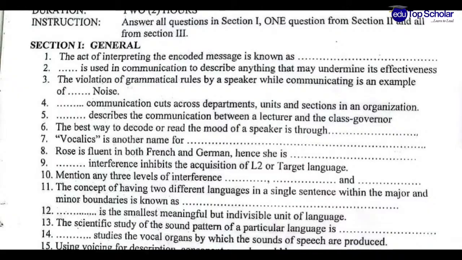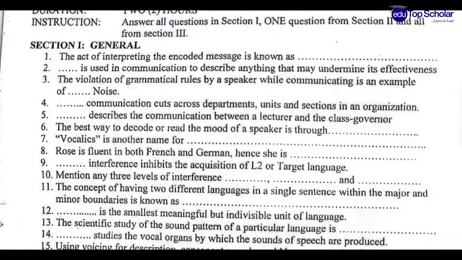The sender will send the message to the receiver. When the sender is sending the message, we say he is encoding the message. That's why we call him the encoder. Another name for sender is encoder. He encodes the message and sends it to you. For you to understand the message, you have to decode. That means you have to interpret. So the act of interpreting an encoded message is known as decoding.